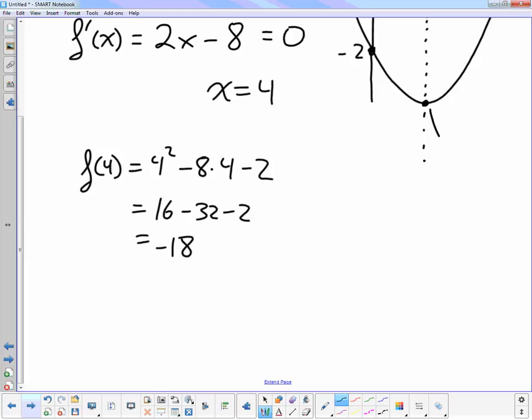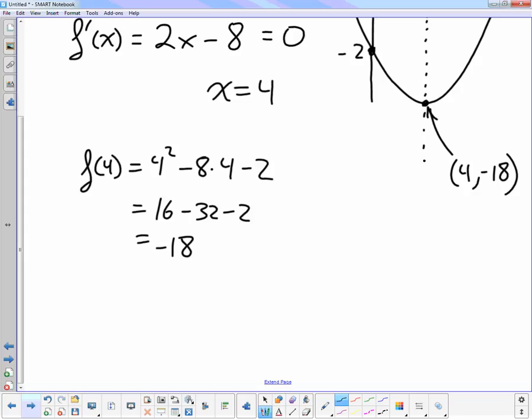So that point is (4, -18). That is the vertex. If you remember from Algebra 2 and probably HL1, when you dealt with the vertex form of a parabola, completing the square and all of that.